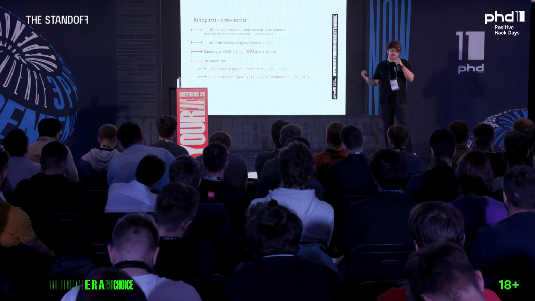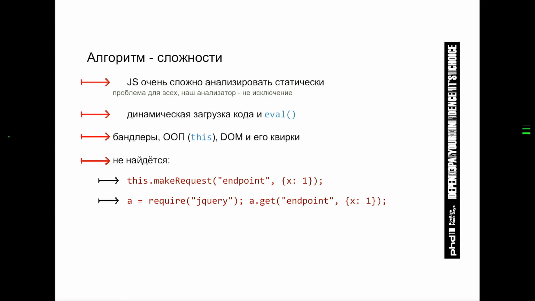If you have this, you need to understand where this points to. We need to also model the DOM, and it's a difficult thing to do. This .make request is not something that our analyzer would find, or a require of jQuery's .get.